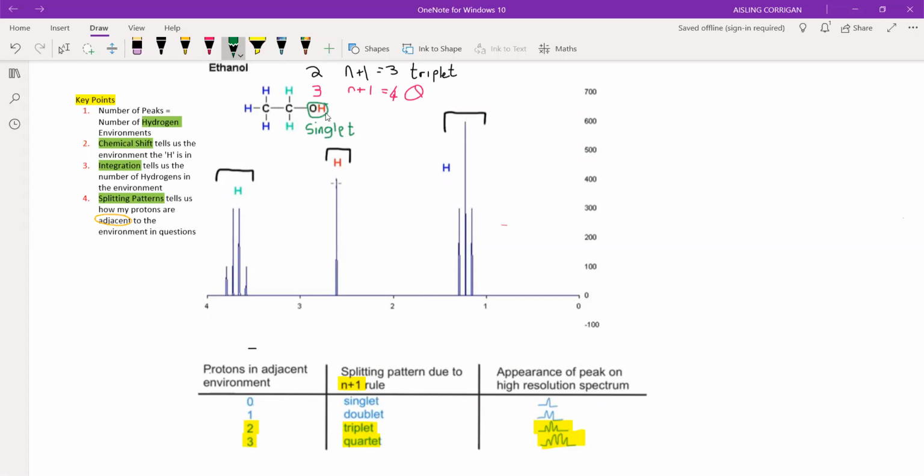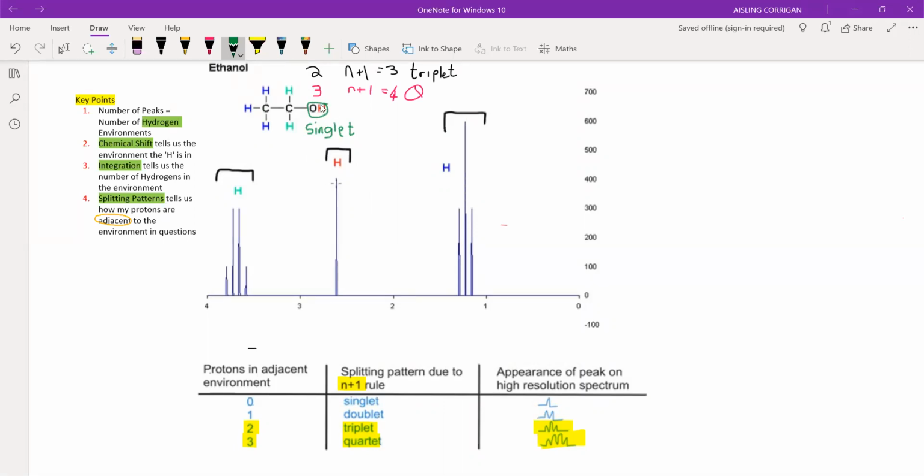Well, when it comes to the OH, there are no adjacent hydrogens or protons. You don't need to know the reason, but I think oxygen produces a sort of shielding on it. So these protons don't have any influence on this H. So when the NMR picks it up, it comes up as just the 1.